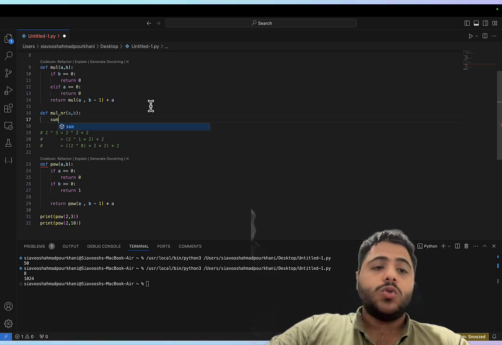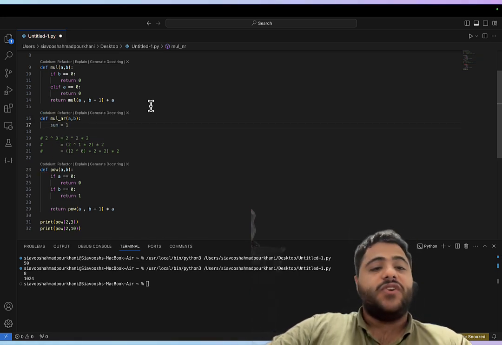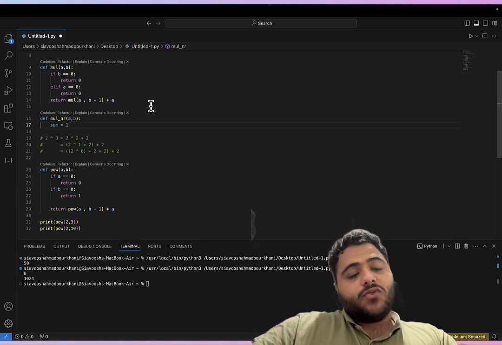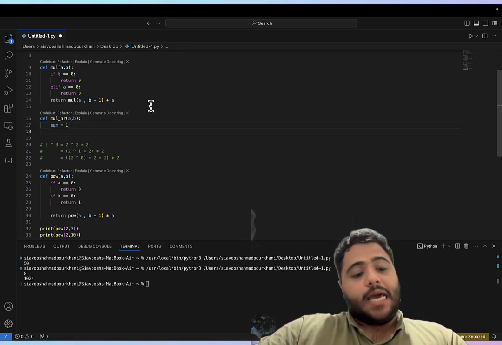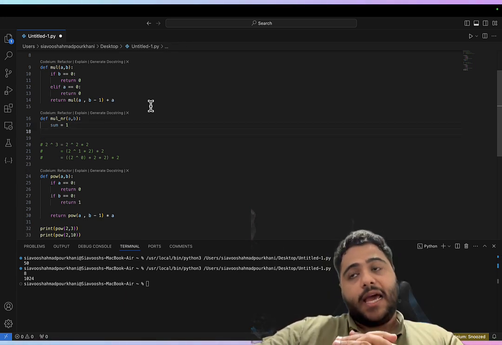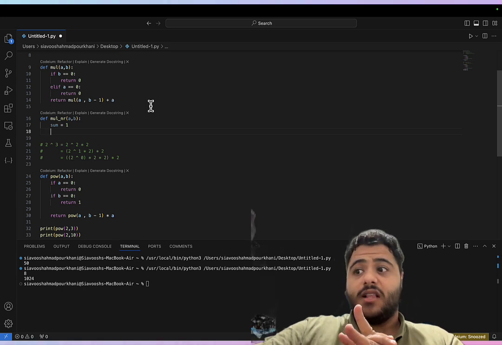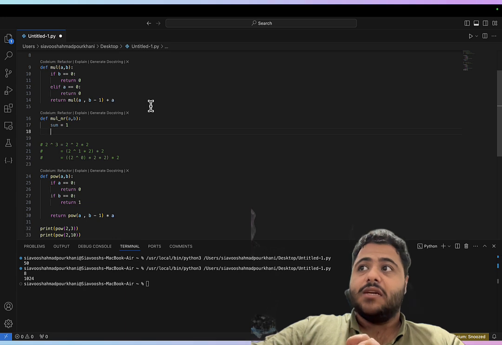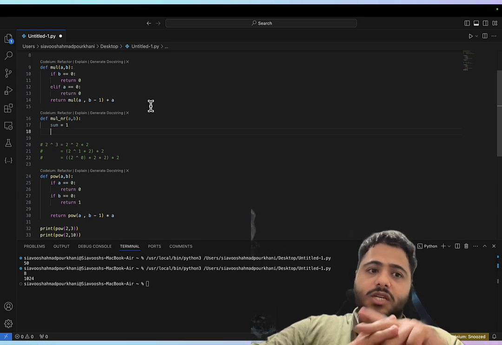I'm going to define a sum which has 1 for initial value, because 1 is effectless, I believe. It won't affect the multiplication value. You can add any number of 1s to the multiplication you want.